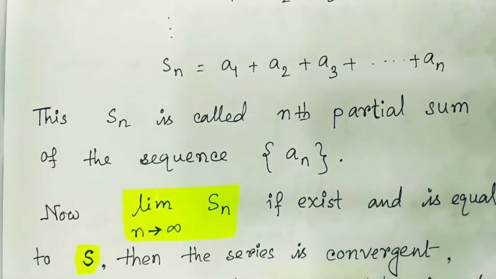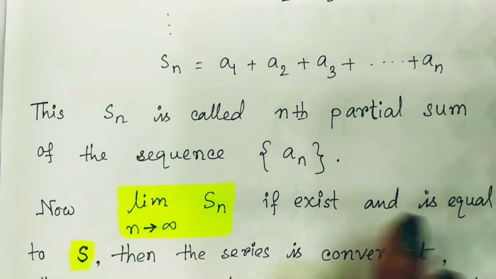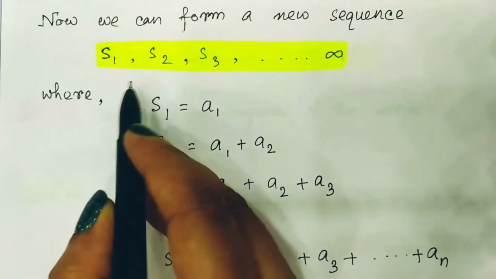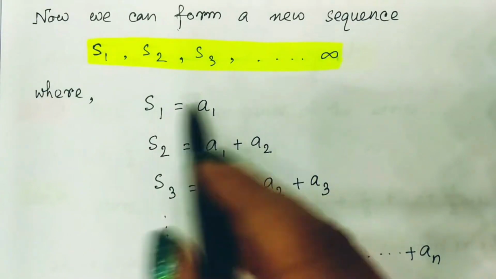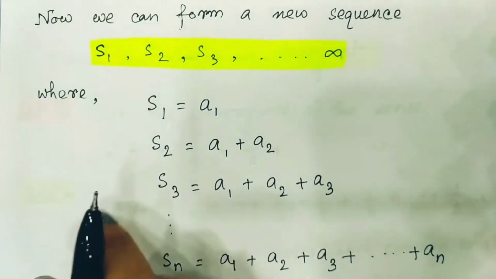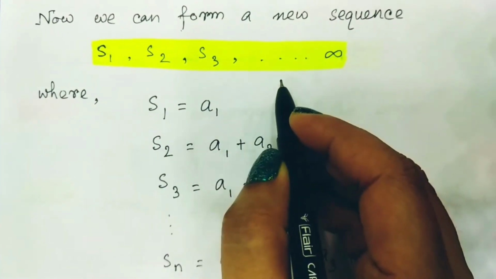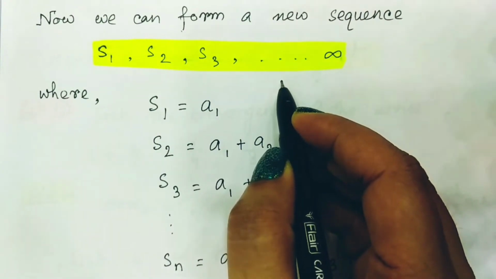So in this way, by constructing S1, S2, S3, ..., Sn, we can proceed up to infinity. The sequence we form is called the sequence of partial sums constructed from the given sequence an. After getting this sequence, it is just like we have converted the series to a sequence, where Sn is basically the summation of the first n terms.